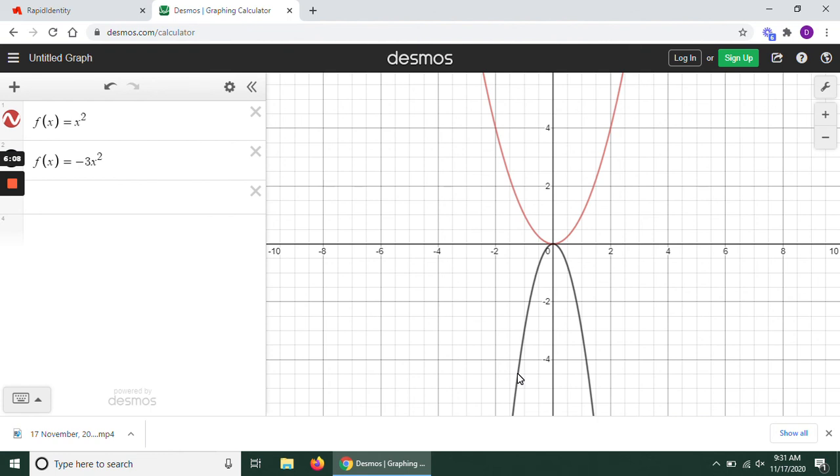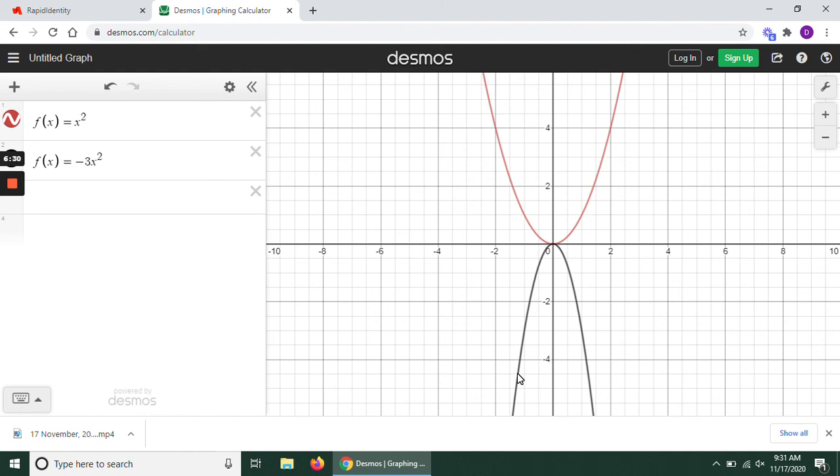So our new graph was stretched vertically by a factor of 3, and then it was reflected over the x-axis. Right? So that's what the -3 means.